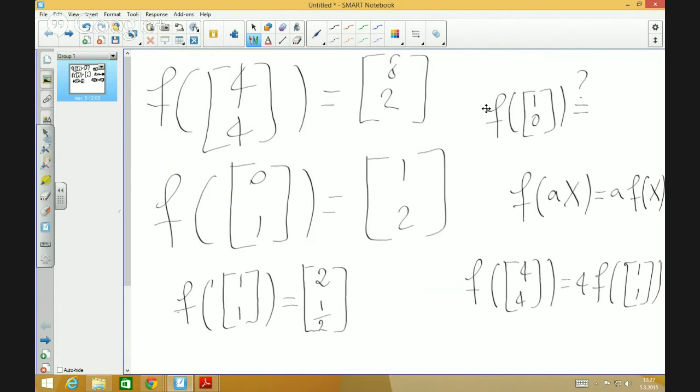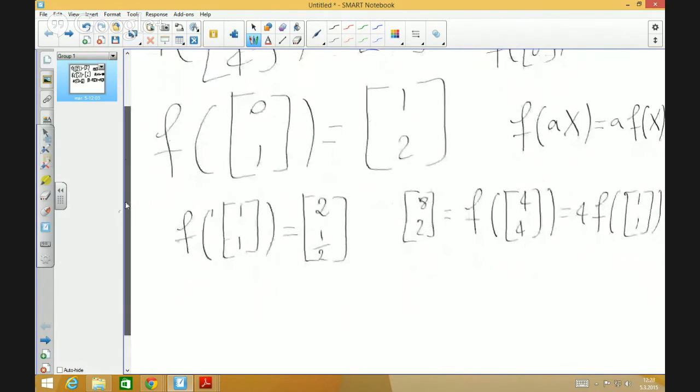So since f of (4, 4) is (8, 2), to get f of (1, 1), you just divide both components of the vector by 4. So that's only logical thinking, as Sherlock Holmes would say. Use the data and the properties of linear functions to get f of (1, 1). And now we are in business.